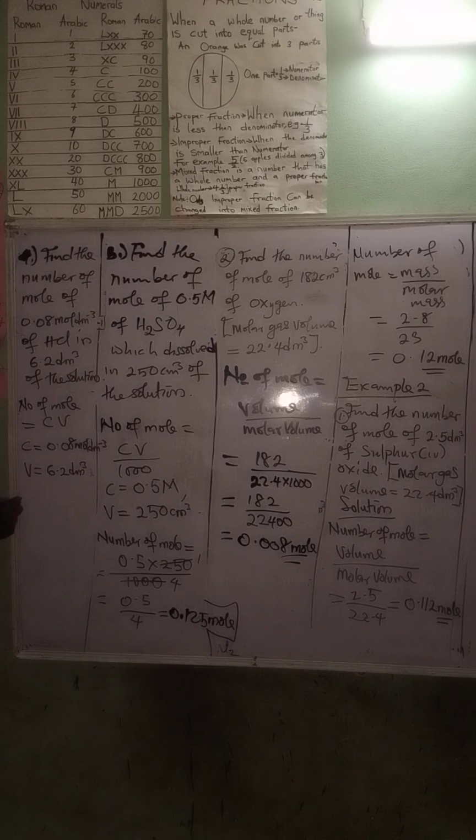We put in our values, then our number of mole will be equal to CV. Our C is 0.08 times 6.2, and the answer is 0.496 mole. So that is that.